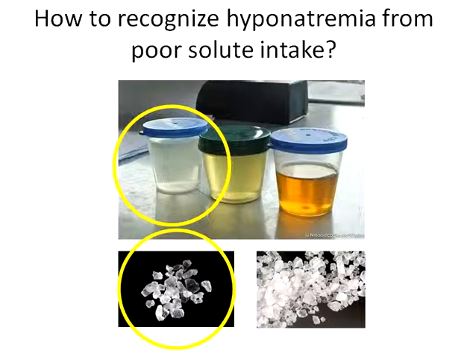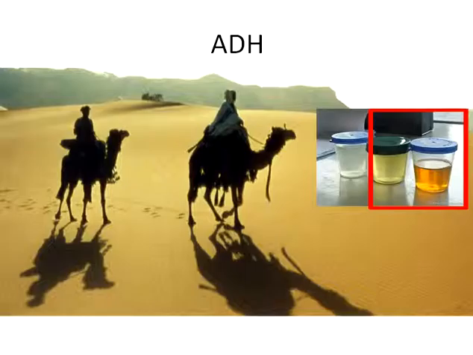How do we recognize hyponatremia from poor solute intake? The urine is going to be maximally dilute, and urine sodium, again, is going to be low. Now, let's bring in ADH. ADH helps us maintain plasma osmolality by concentrating urine to retain water.